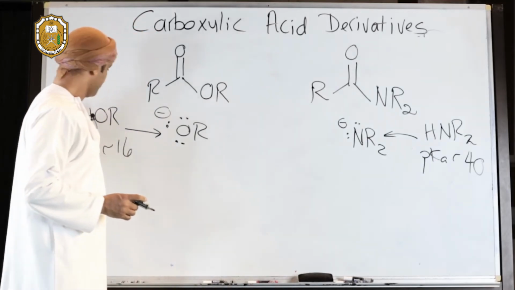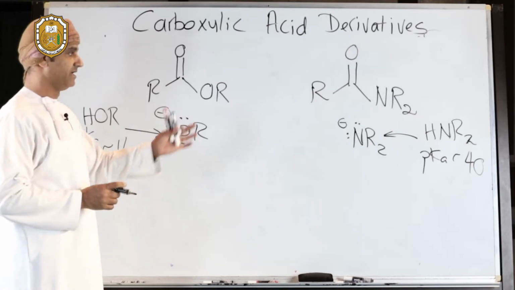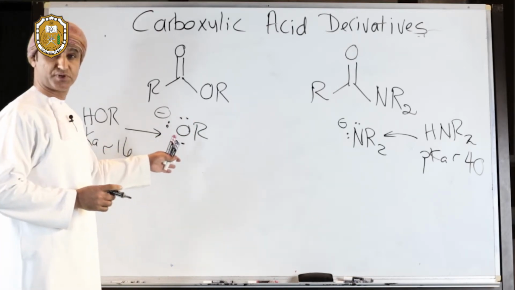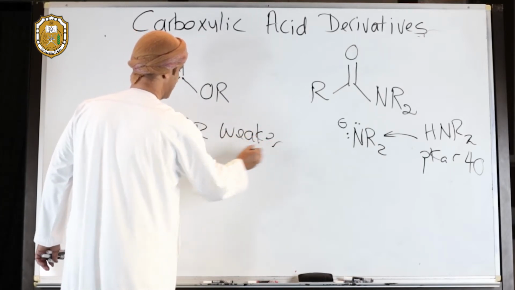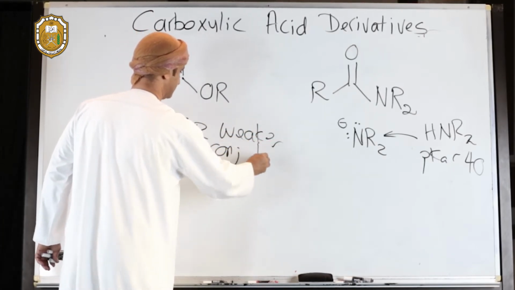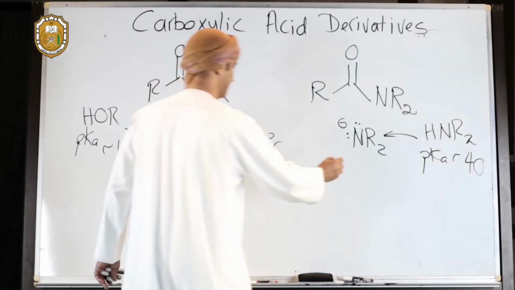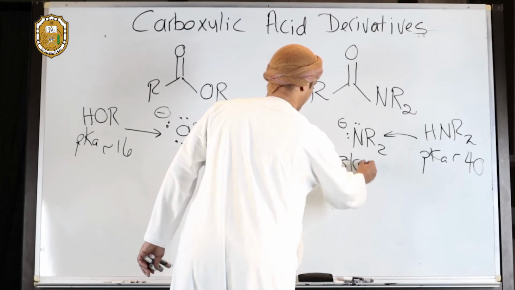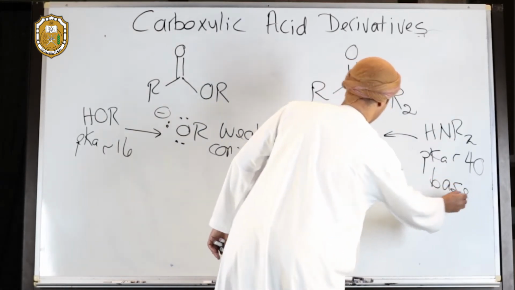So clearly, alcohols are stronger acids than amines, so that they should produce weaker conjugate bases. So this is a weaker conjugate base than the amide ion. So this is the amide ion. So this is a stronger base or conjugate base.